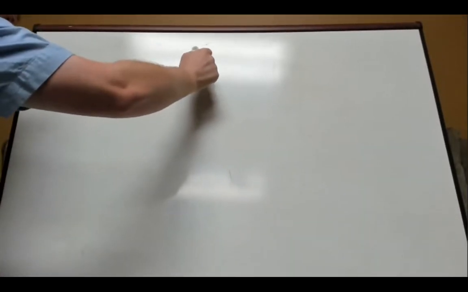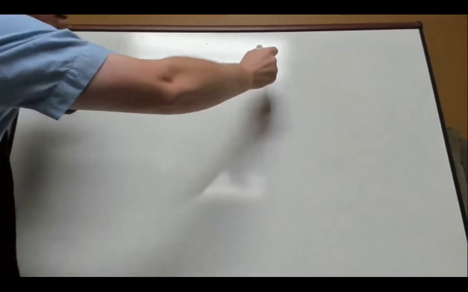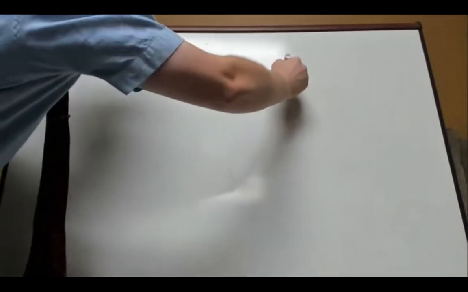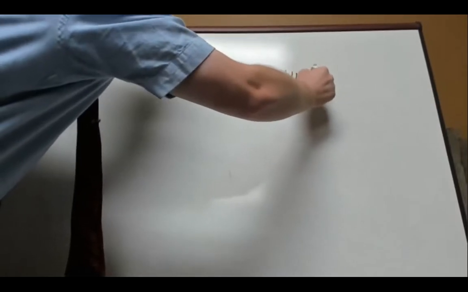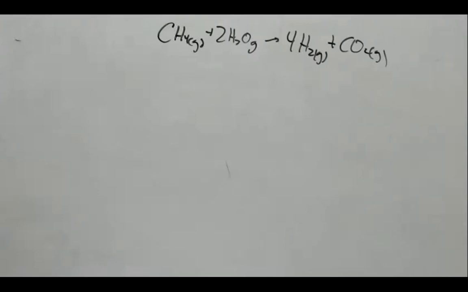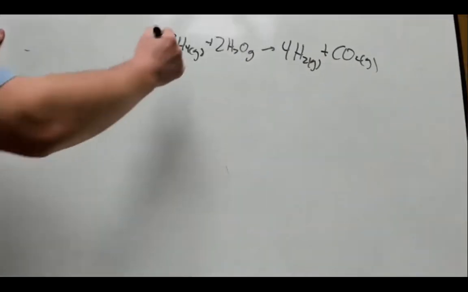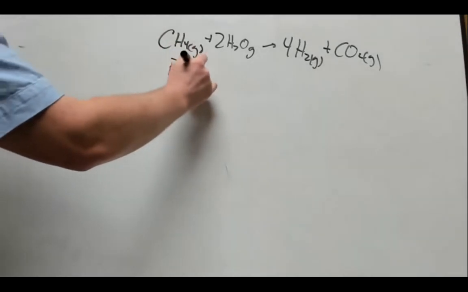CH4 gas plus 2 H2O gas yields 4 H2 gas plus CO2 gas, right? So we're forming hydrogen gas. Okay. So now let's think about this, because what we're doing over here, we're going to break bonds over here.